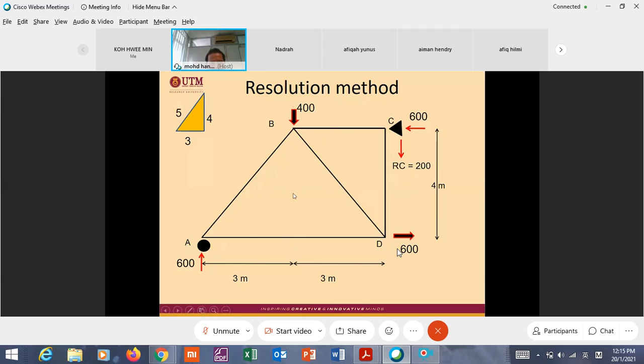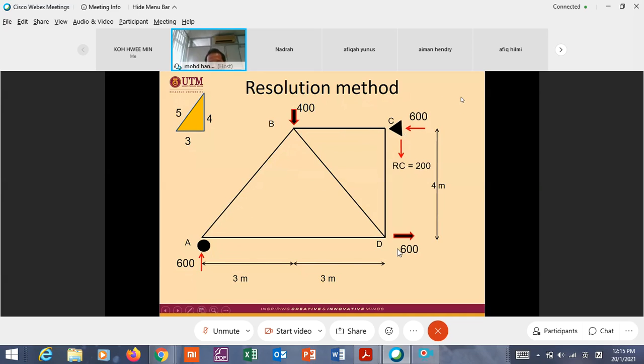Okay, so what first step now? Similar also to joint method. Which joint we want to start? We want to start from the most easiest joint, and we cannot start from the joint that it is impossible to solve the problem.